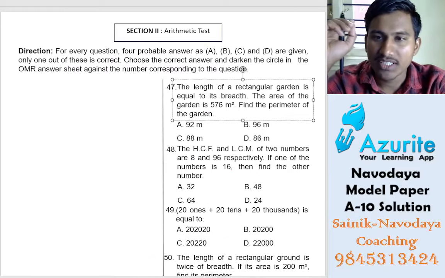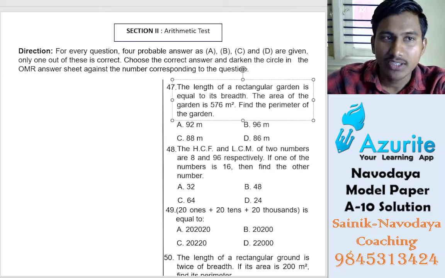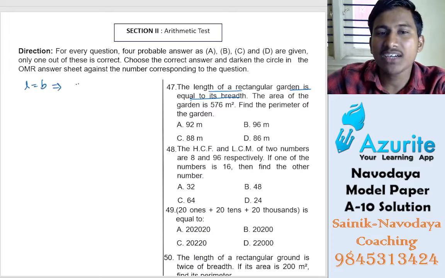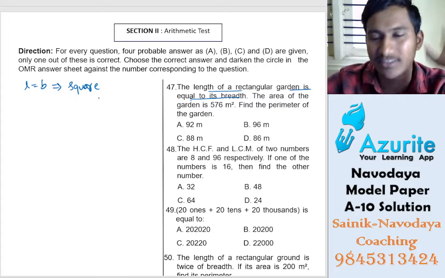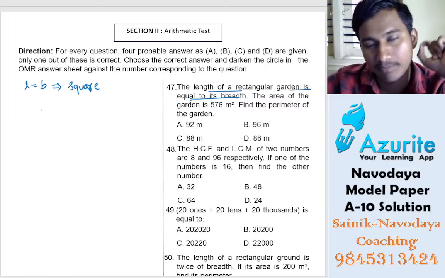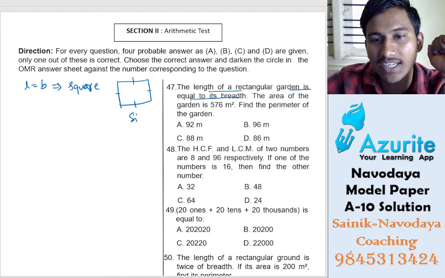So students, question 47. What is the question here? You have to understand first. The length of a rectangular garden is equal to its breadth. Length and breadth both are the same means it becomes a square. So a square will have a side.